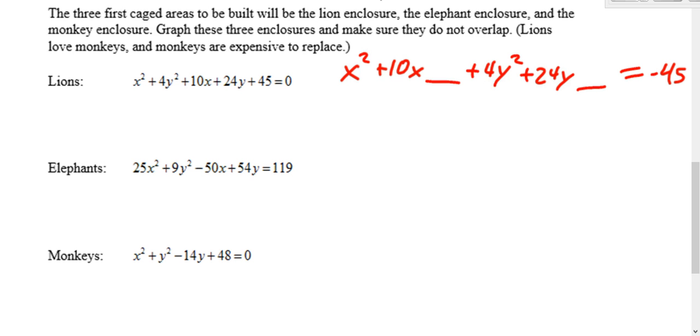Before we can complete the square, there's nothing to factor out from the x squared, so that's fine. We'll be able to fill in that blank. But the y has a number in front, so we're going to factor out the 4.